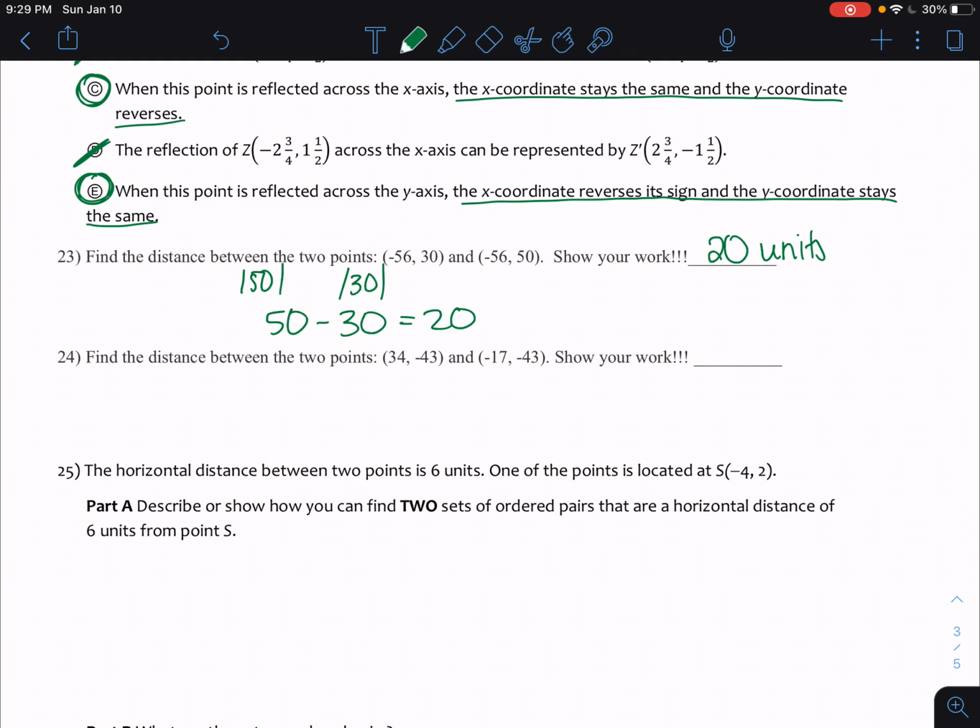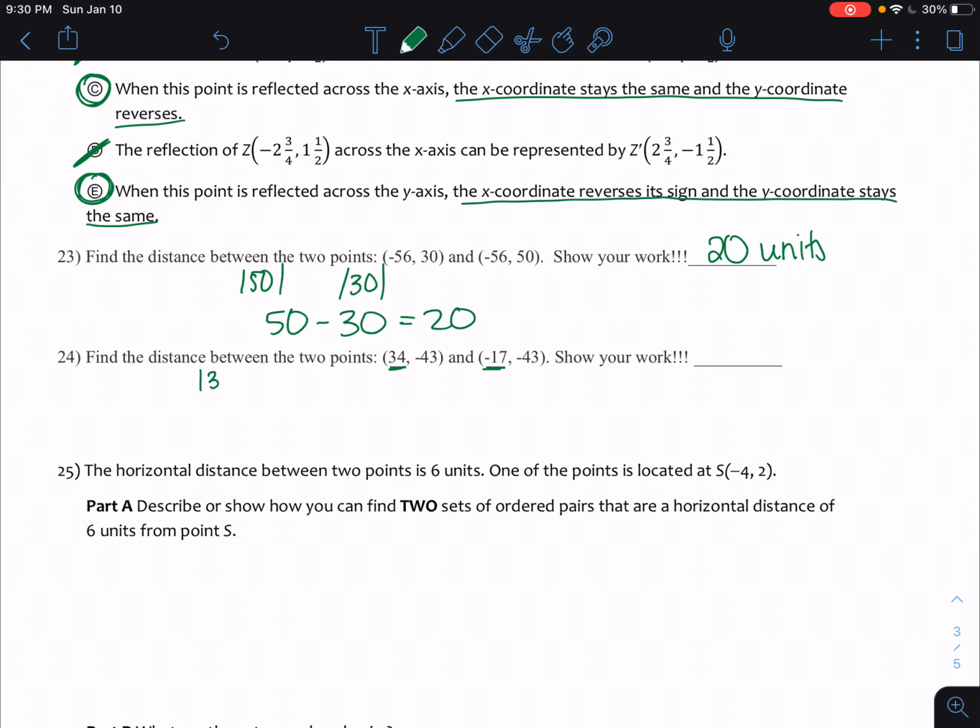For number 24, it says find the distance between the 2 points, 34, -43, and then -17, -43. So here I'm looking at the x coordinates. The x coordinates have different signs. That means that they're on opposite sides of 0.